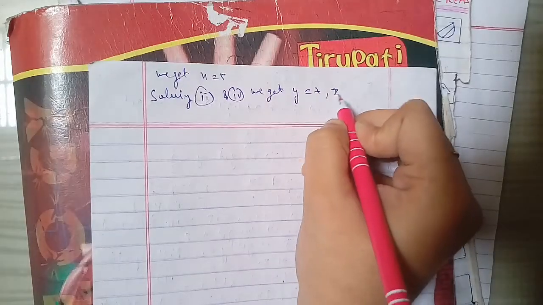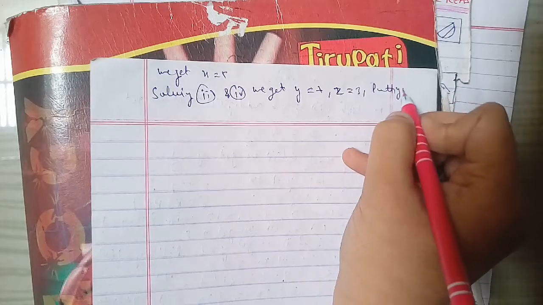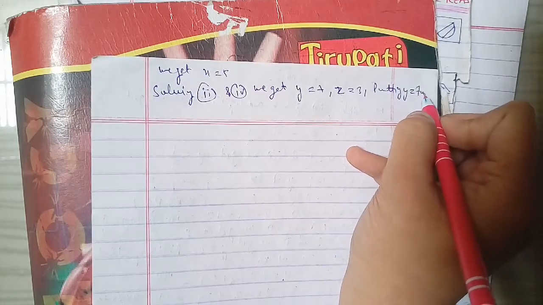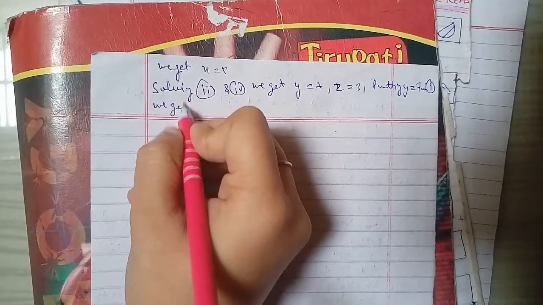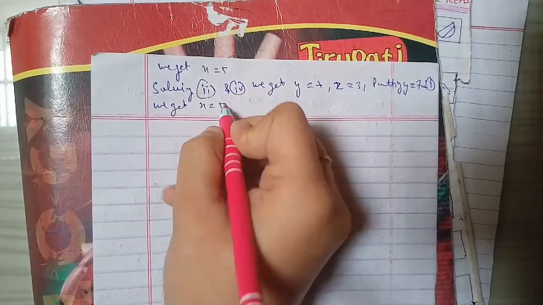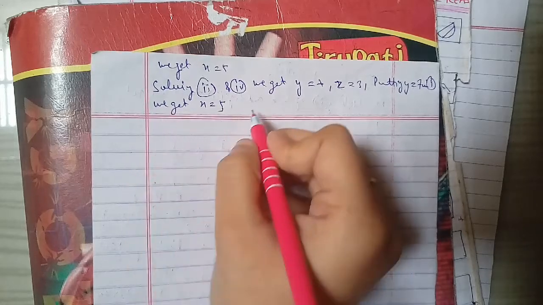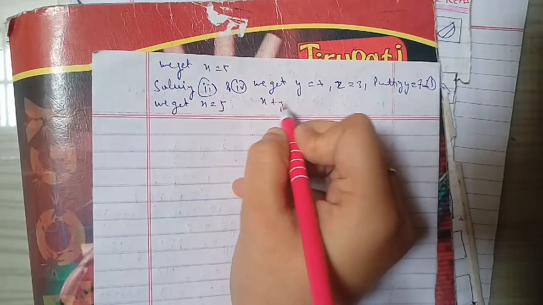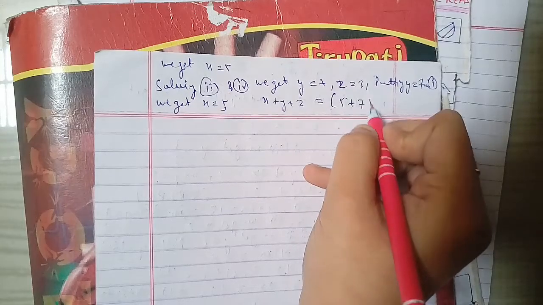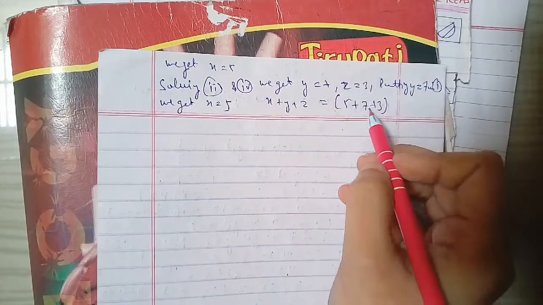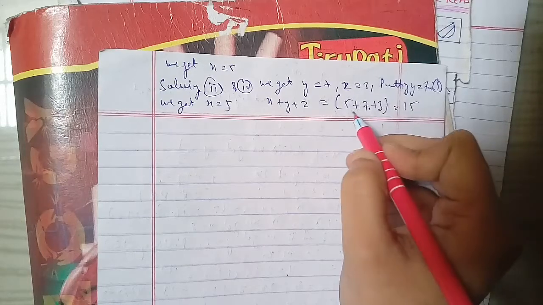Putting y equals 7 in 1, we get x equals 5. So on the same basis, we have x plus y plus z equals 5 plus 7 plus 3. So 7 plus 3 is 10, plus 5 is 15. The answer we'll get is 15. That will be the right answer for this question as well.